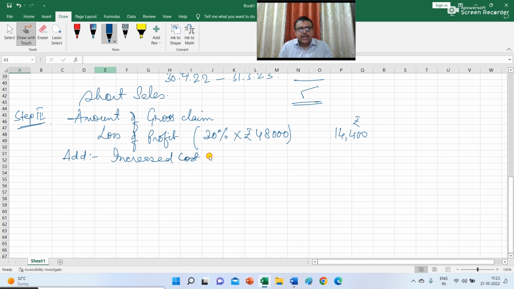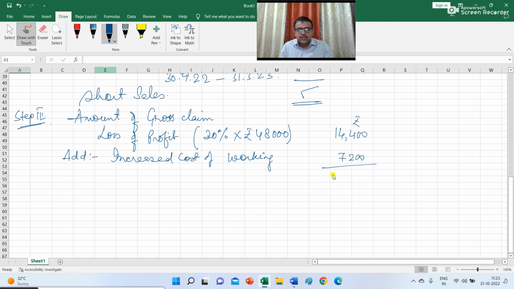And to continue the production, you have to incur standing charges, that is increased cost of working, that due to this dislocation there was an increased cost in the production. So increased cost of working is given as 7,200. So the loss of profit is 30%, that is the gross profit on amount of short sale, that is 14,400. You have to add up the increased cost of working for continuing the business during the period of dislocation.